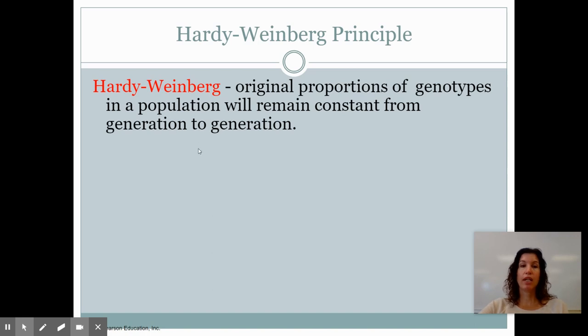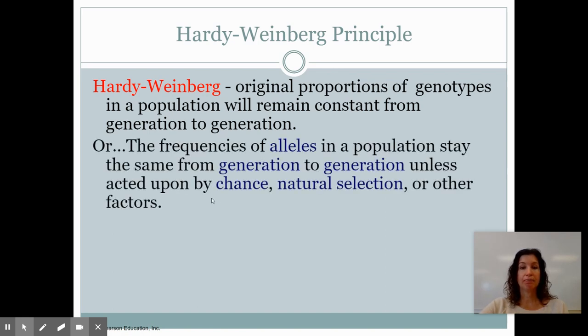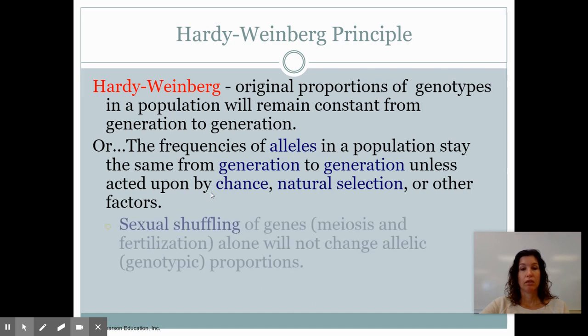All right, so in that Hardy-Weinberg principle or equation, the original proportions of genotypes are going to remain constant from generation to generation. So the frequencies of those alleles in a population stay the same from generation to generation unless acted upon by chance, natural selection, or other factors. All right, so this is really important.